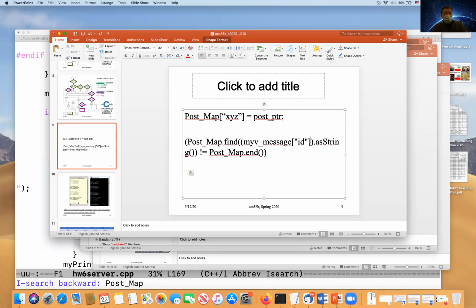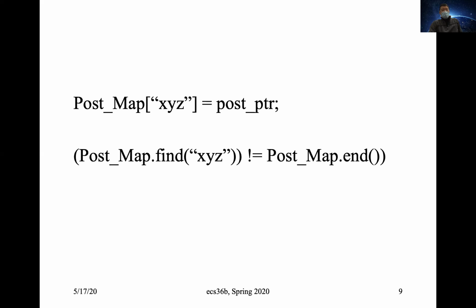Okay, here I have 2 elements I want to show you. In PostMap, you can find something you call find, and you can find the next one using the iterator.